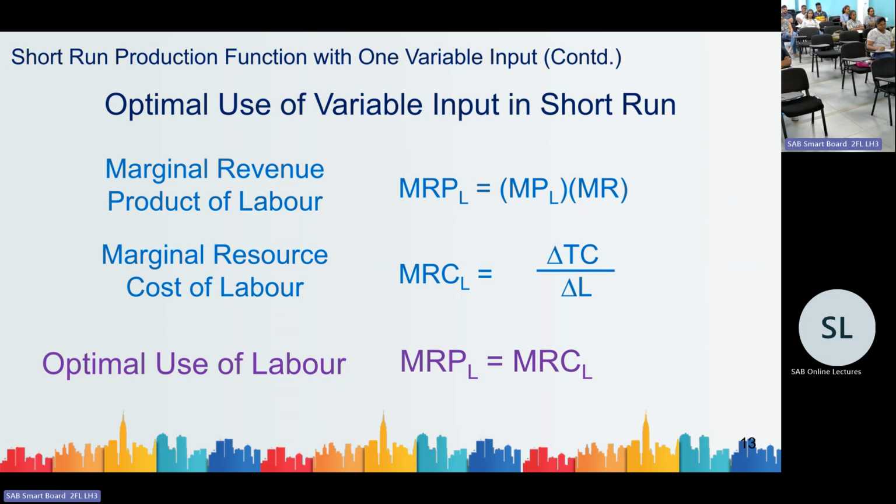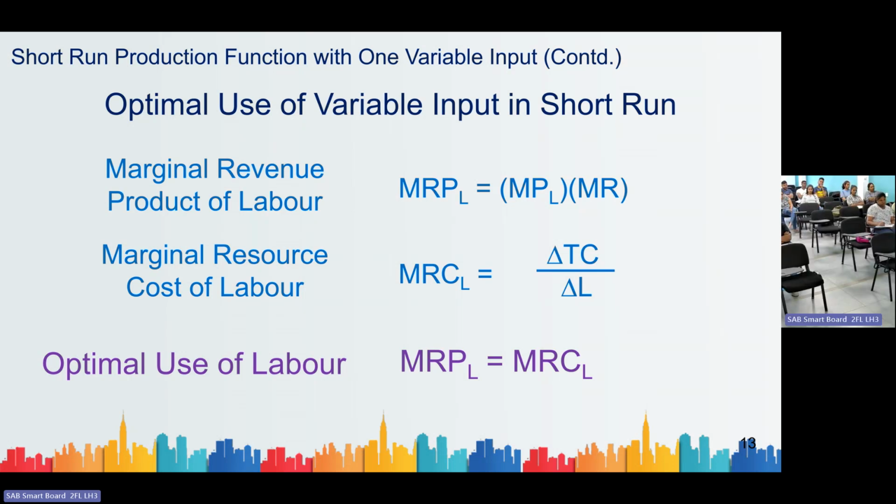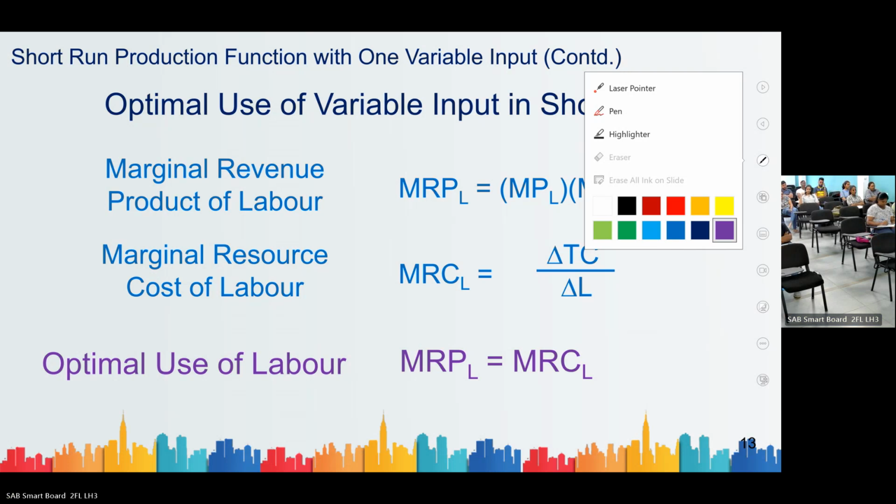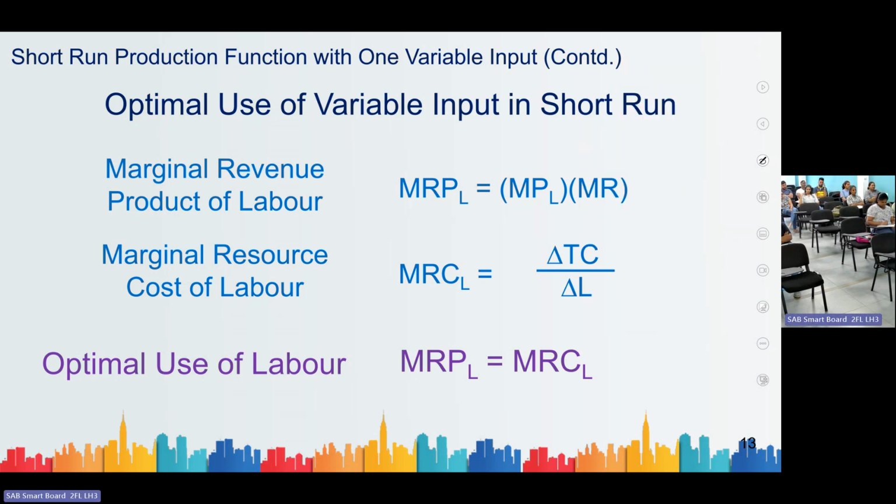With regard to any economic actor, an optimum decision should be made comparing two things. What are they? Marginal benefit and marginal cost. Any economic actor makes optimum decisions by comparing marginal benefits and marginal costs.